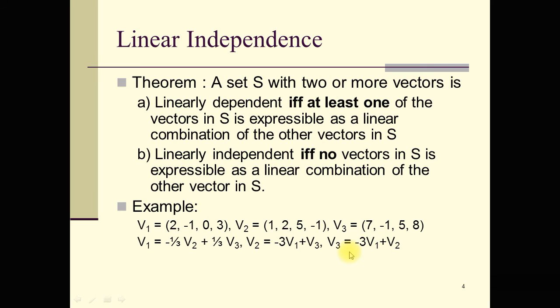So v1 is a combination of v2 and v3, v2 is a combination of v1 and v3, and v3 is a combination of v1 and v2. So at least one of the vectors in this set v1, v2 and v3 is a combination of the other vectors. So in this case the vectors are linearly dependent. If no vector among v1, v2 and v3 is a combination of the other vectors, then we can say that the vectors are linearly independent.